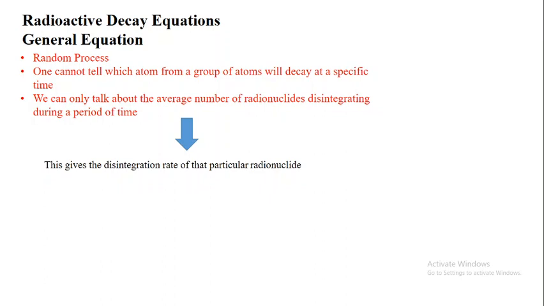So something should be in your mind: the radioactivity or disintegration process, the conversion of one nucleus to another nucleus, is not a specific process, but it is a random process.